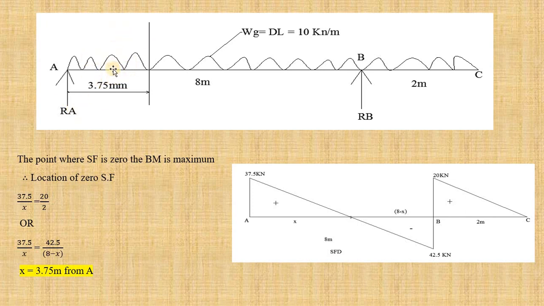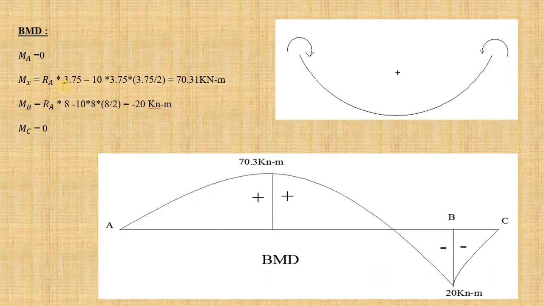It is rotating in an anti-clockwise direction, so it is minus 10 into 3.75 into 3.75 by 2. Now you can check the values, I have written the same values here. So we will get 70.31 kilonewton meter as the moment at X.